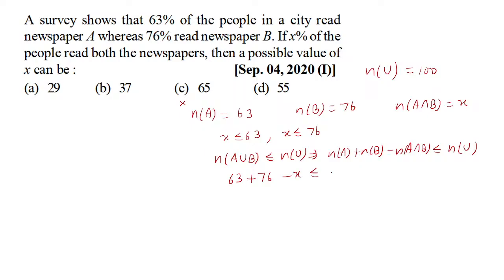This is X less than equal to 100. So that means X is supposed to be greater than equal to, you have what? 139, so 39. Yeah. So X is supposed to be greater than equal to 39. So that means even A and B would get rejected. Yeah. So that means D is the only correct answer.